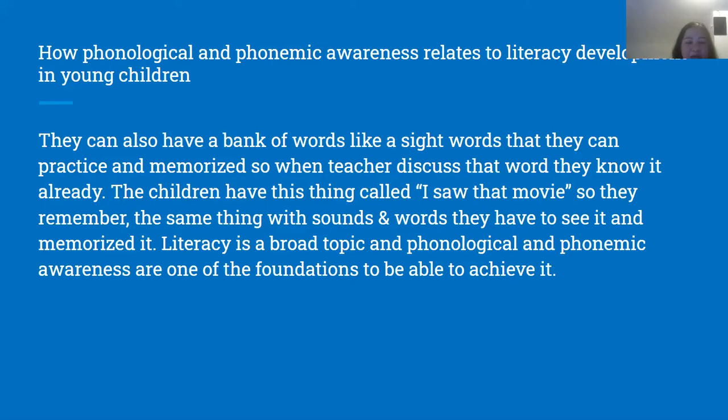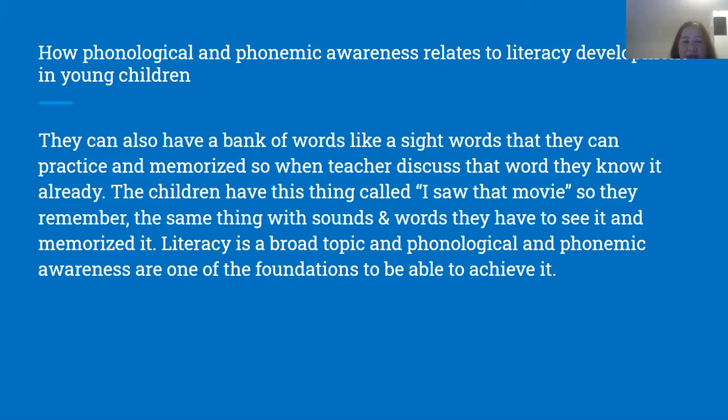Here is more explanation on how phonological and phonemic awareness are related to literacy. They can also have a bank of words, like sight words, that they can practice and memorize, so when the teacher discusses that word, they know it already.